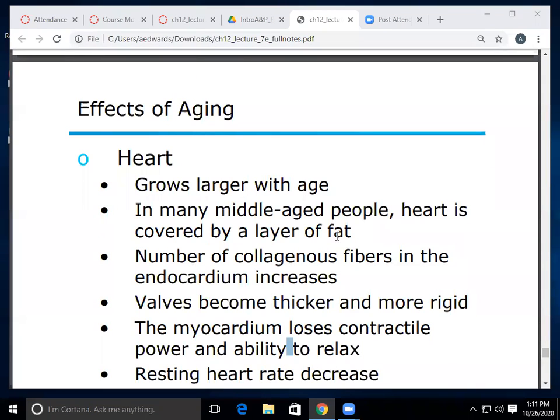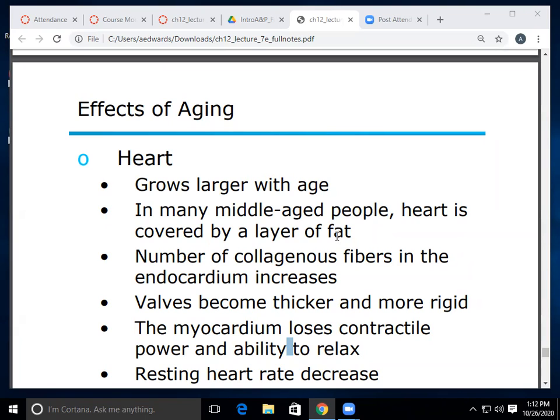So let's talk about how aging affects your cardiovascular system. As you get older, your heart gets larger. In many middle-aged people, the heart actually gets covered by some fat, which typically has to do with diet.